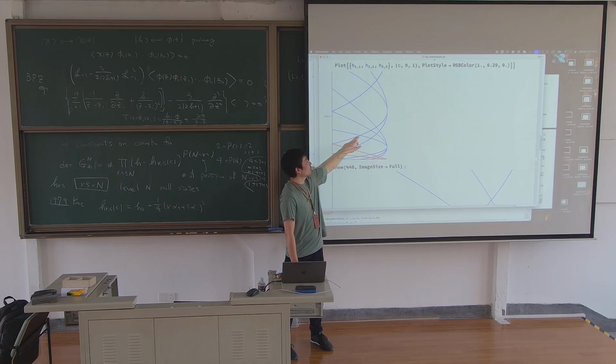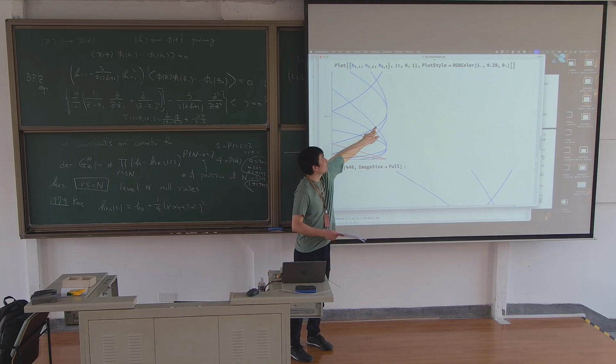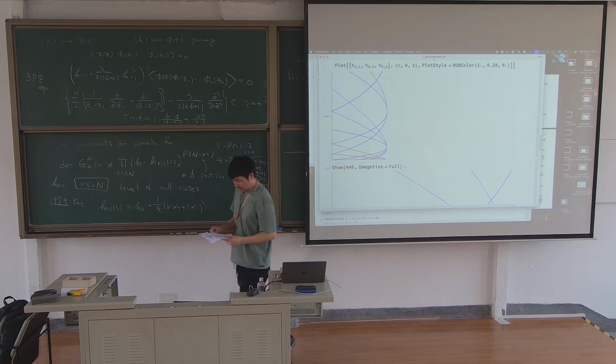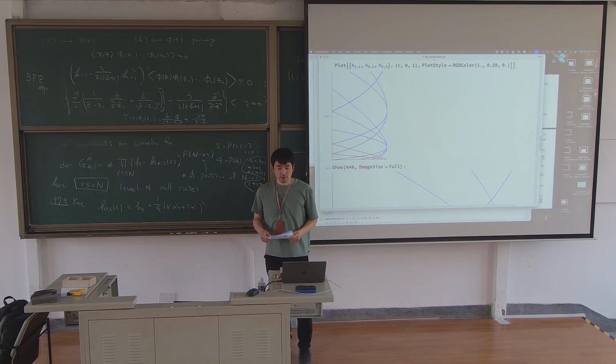Unfortunately, most of the points on the curve also have a negative norm state. If you do the careful analysis, the only part that does not have negative norm is this point, where the curves intersect. Only the special points that intersect two curves become a unitary theory.